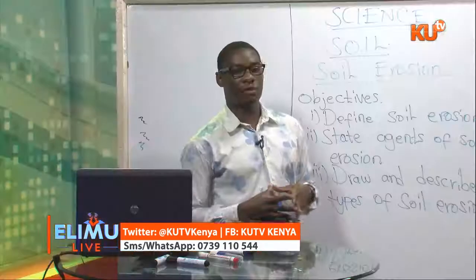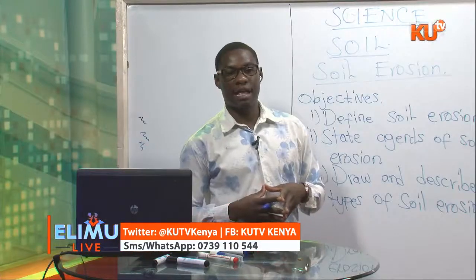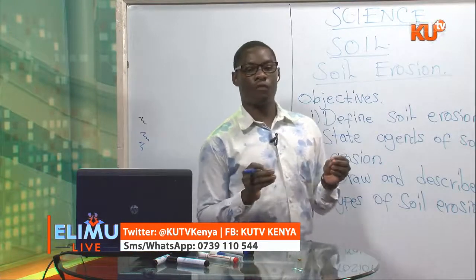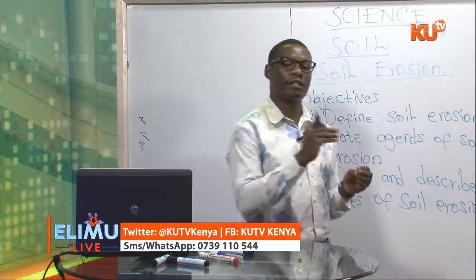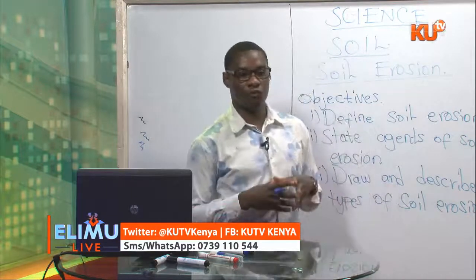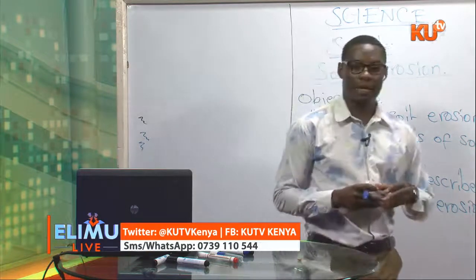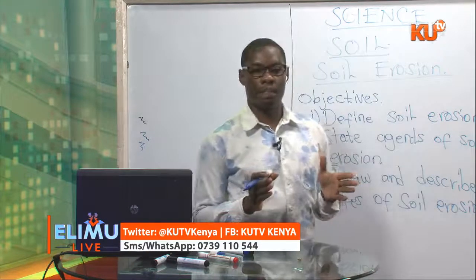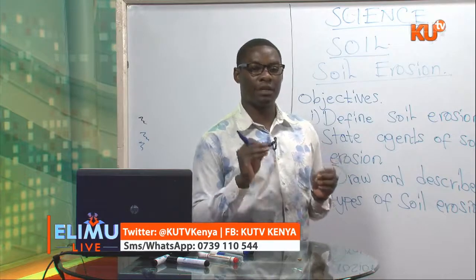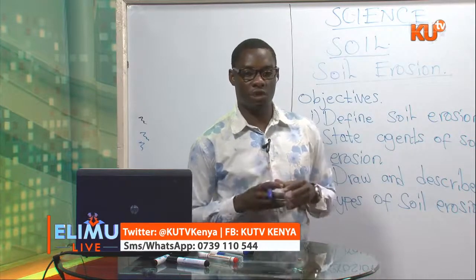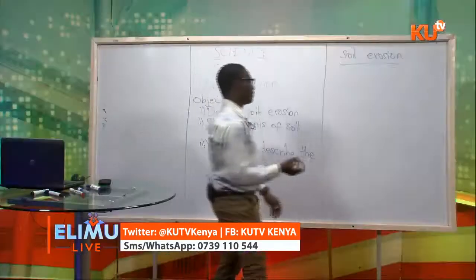Now, soil erosion can be defined as the carrying away of top fertile soil by agents of soil erosion. Let me repeat. Soil erosion is the carrying away of top fertile soil by agents of soil erosion. So let me write.